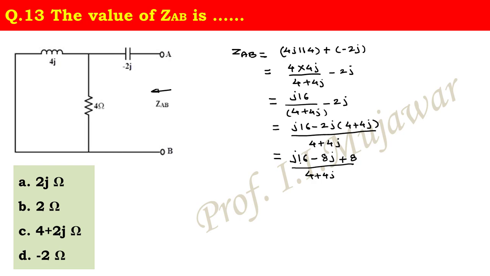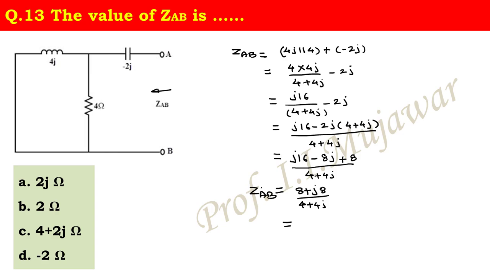So minus J16 minus J8, or 8J, and then plus 8. So your equation is (8 plus J8) divided by (4 plus 4J). So this is the value of ZAB.